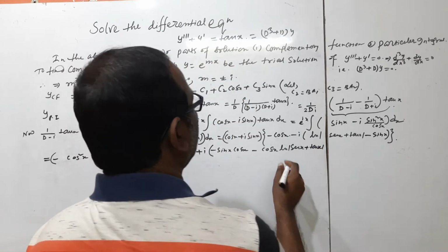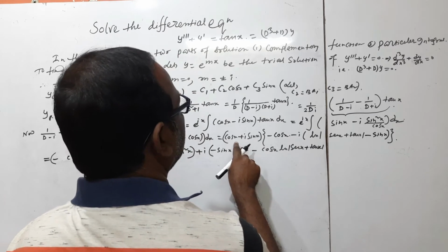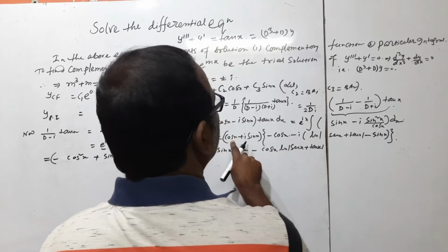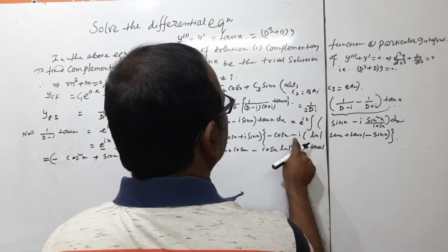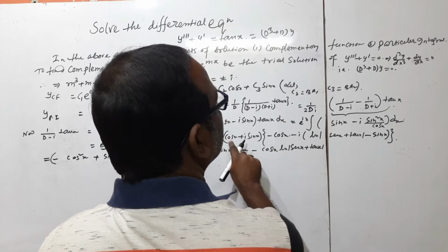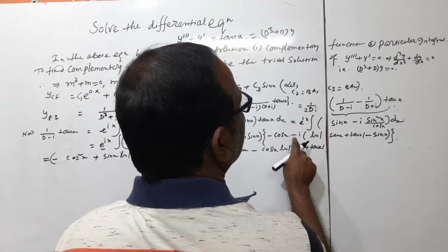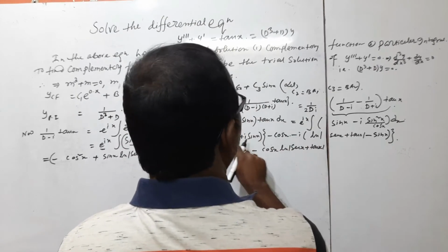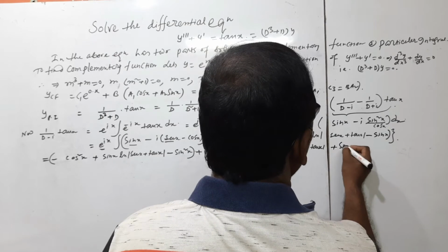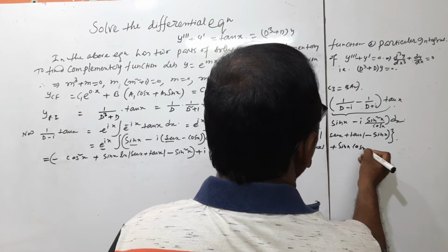Okay, this is cos of this minus plus sin x and cos x.